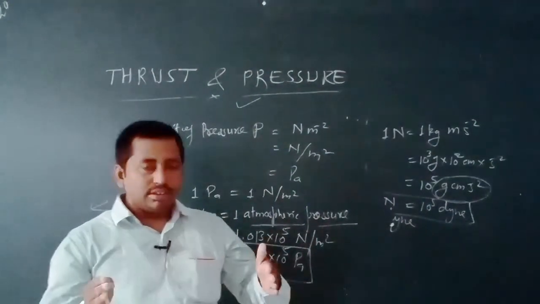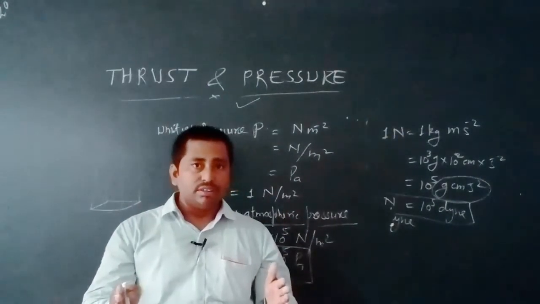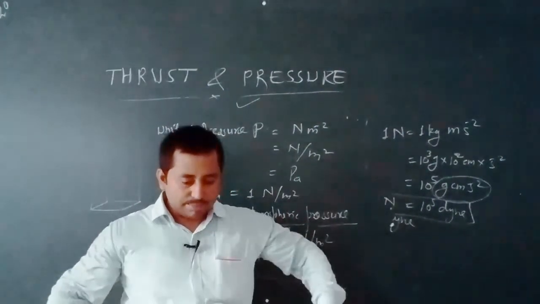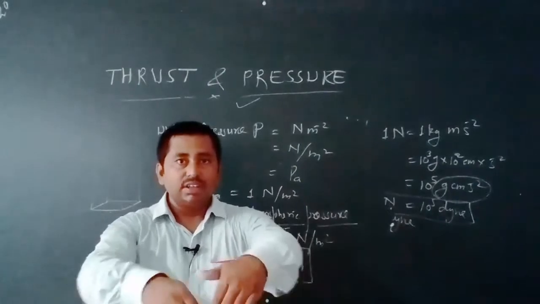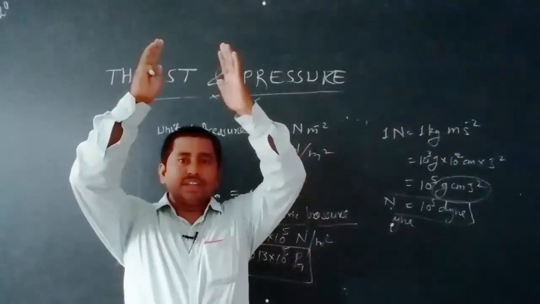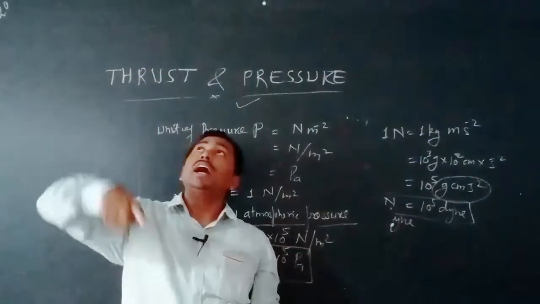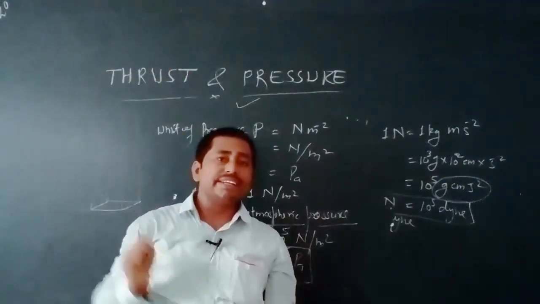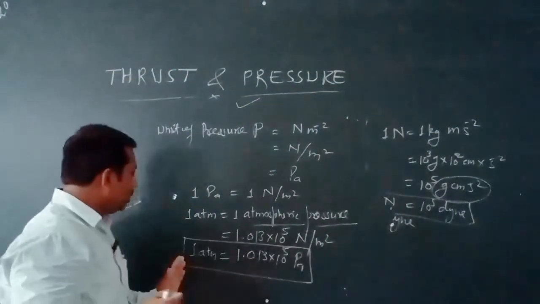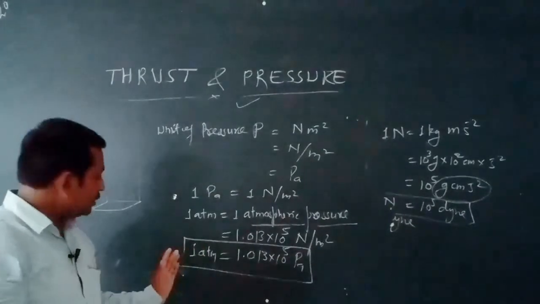The weight of the air column of 1 meter side, with its height equal to the length of the atmospheric region.